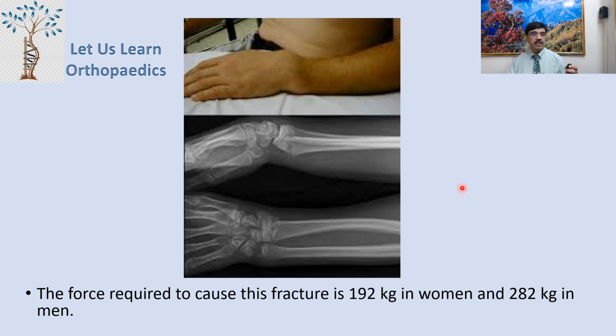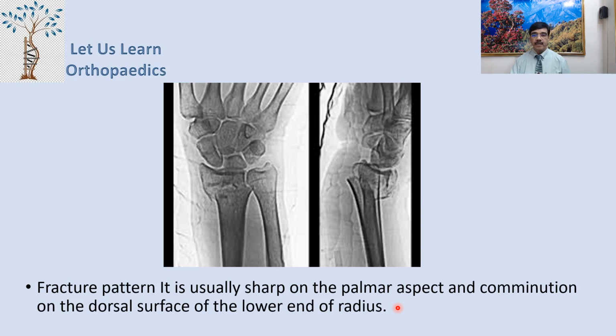The force required to cause this fracture is about 192 kg in women and 282 kg in men. If we look at the fracture pattern, it's usually sharp on the palmar aspect and there is comminution on the dorsal surface of the lower end of the radius.